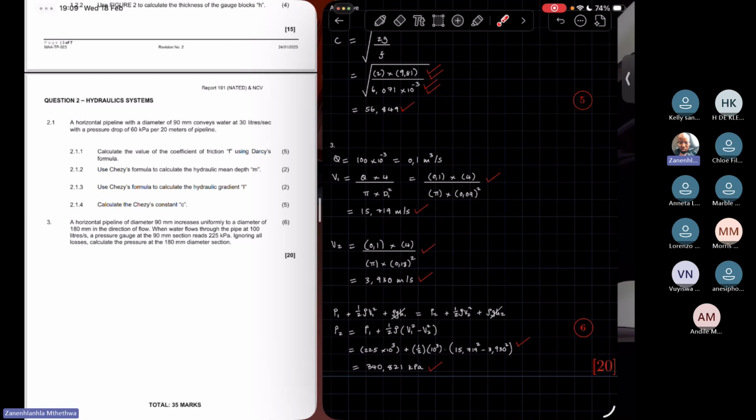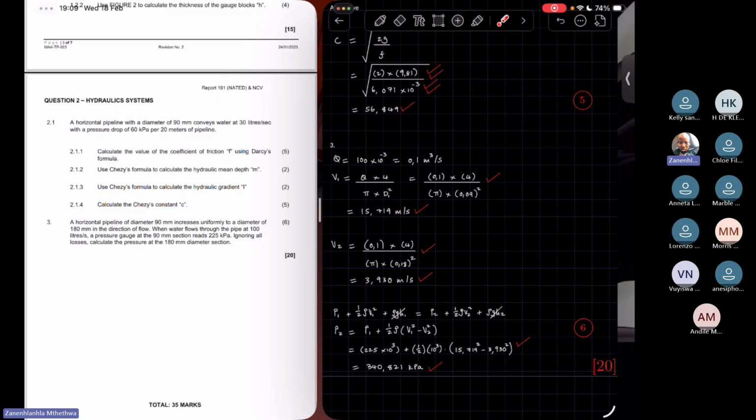So we have a tapered pipe here. The diameter at inlet is 90 millimeters, and the diameter at outlet is 180 millimeters. And we know that the diameter at inlet is 90 and at outlet is 180 because they said you have a pipe which is 90 and increases uniformly to 180 in the direction of flow.